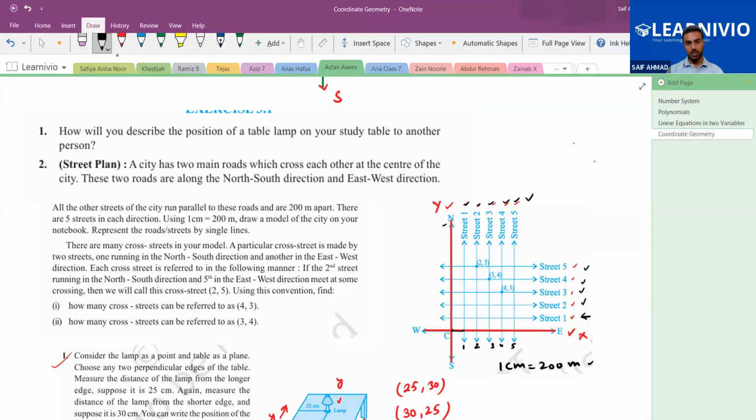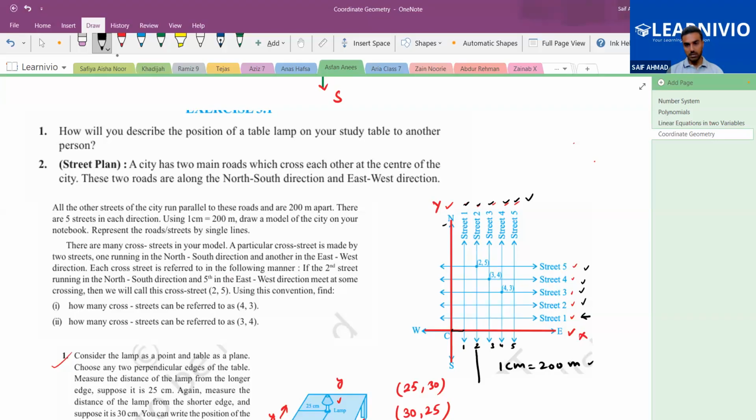There are many cross streets in the model. A particular cross street is made by two streets, one running in the north-south direction and the other in the east-west direction. We can see here. Each cross street is referred to in the following manner: the second street running in the north-south direction and the fifth in the east-west direction, at some crossing, we will call it cross 25. For example, this is the second street.